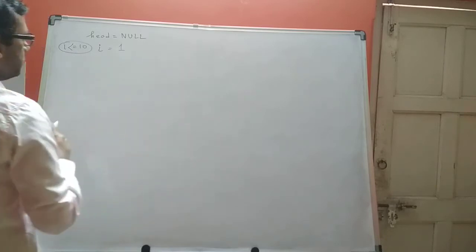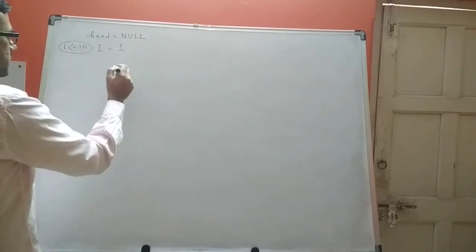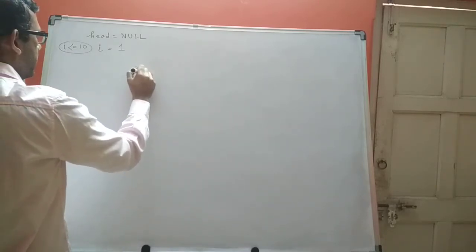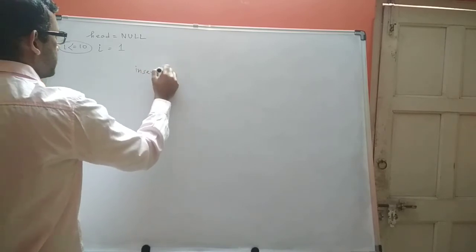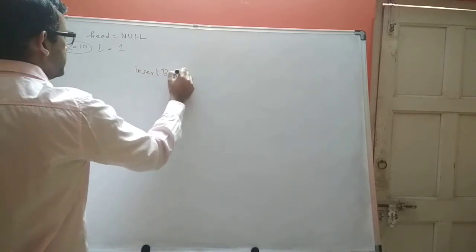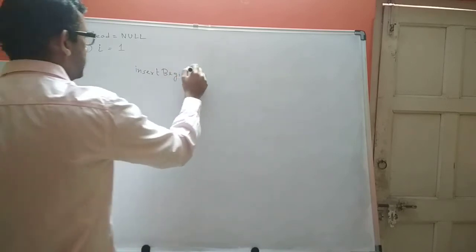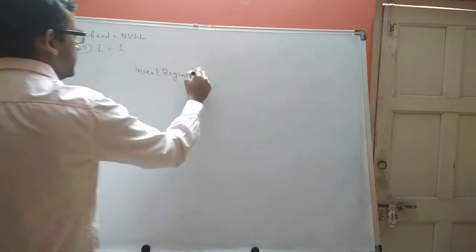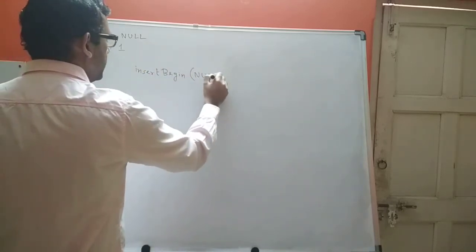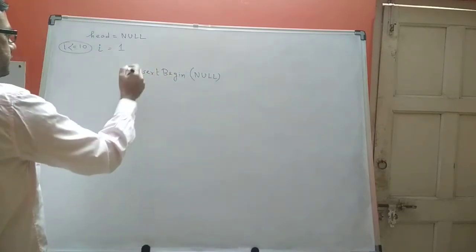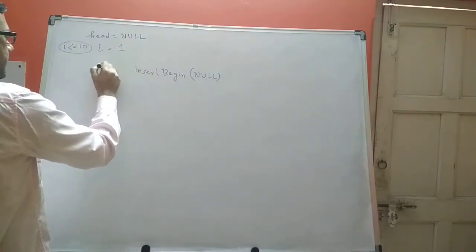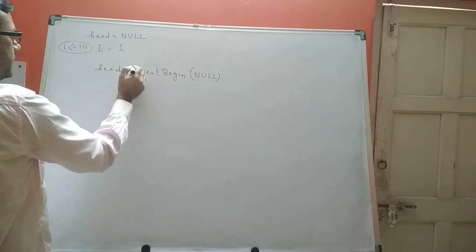In the body of the loop, you will find that I have called the function insert begin, and I have passed the value of head. What is the current value of head? The current value of head is null. So I'm passing a value of null, and this function will return a value, and that return value will be stored in head itself.